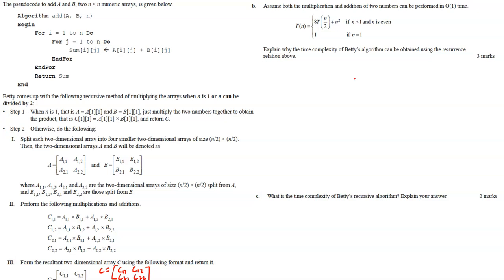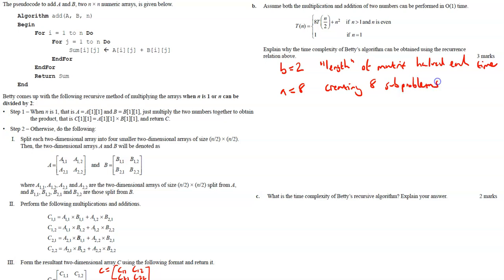So I think the easiest one is b equals 2, because the length of the matrix is halved each time. We know that a equals 8 because we are creating 8 sub-problems, which is to say 8 multiplications.